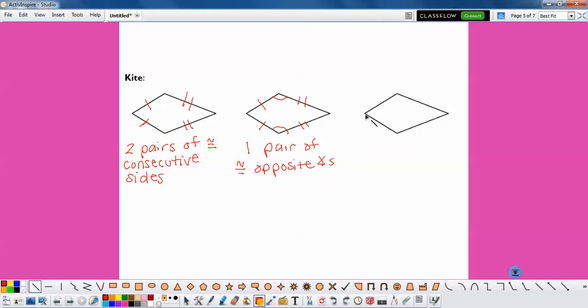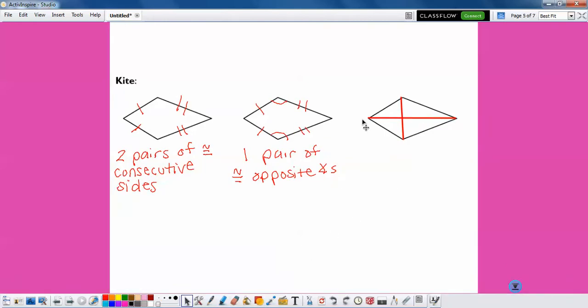And our third property has to deal with the diagonals. Looking at those, what do you think is true? I know mine's not perfect. They are perpendicular.